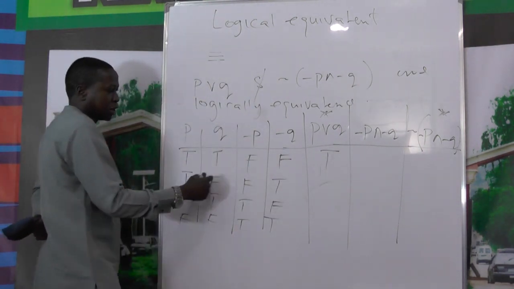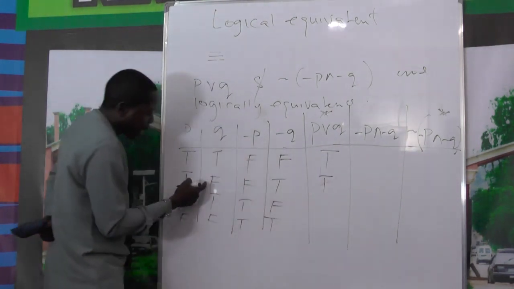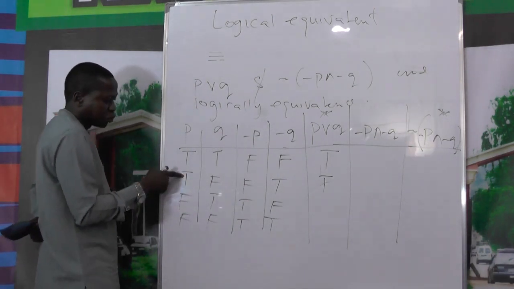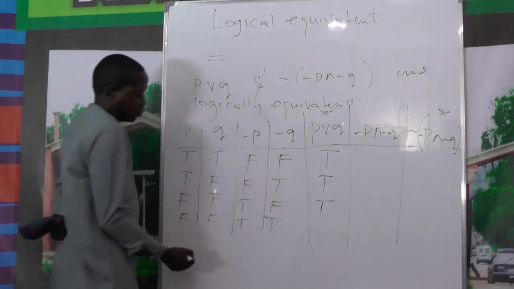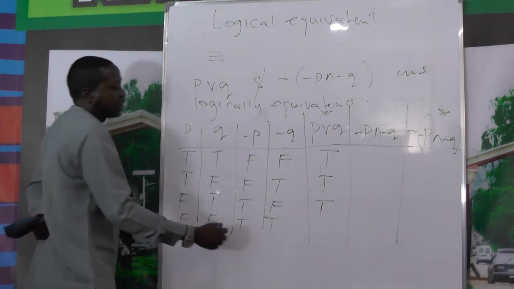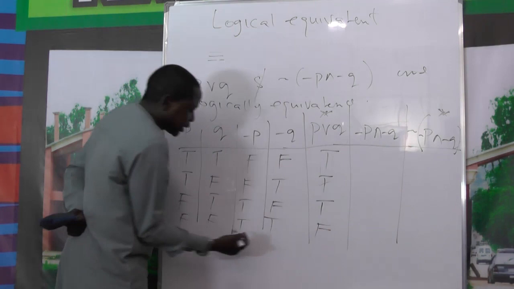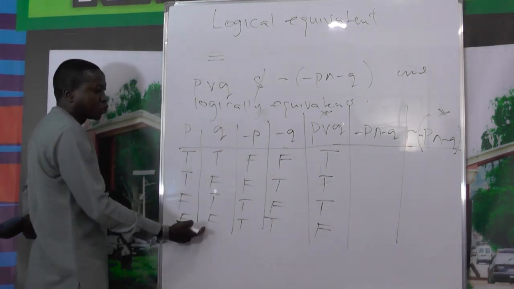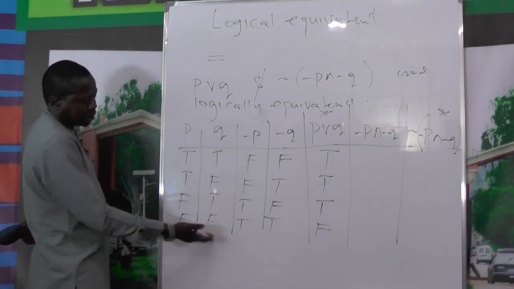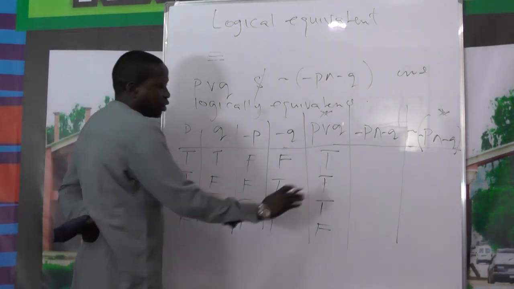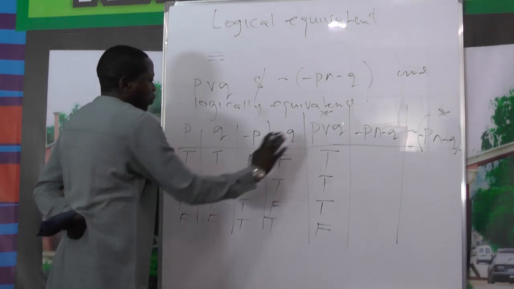True or false. Here I have true. At least one must be true. False or true. Here is also true. False or false. So here is what? False, since at least one must be true under this disjunction. And the two here are false. So that's why I have false here. So we are done with this one.